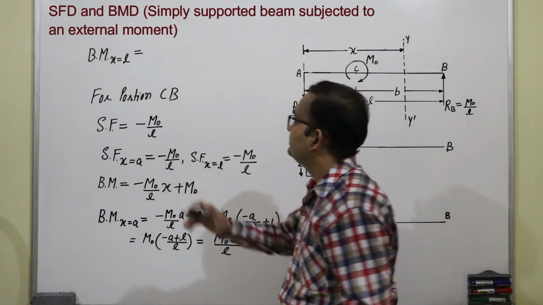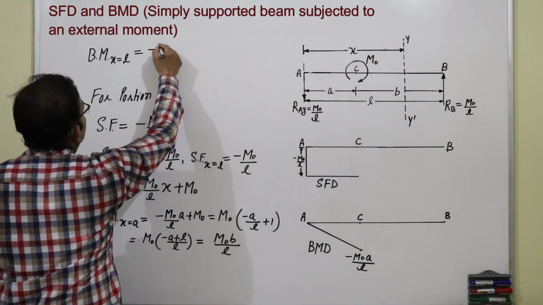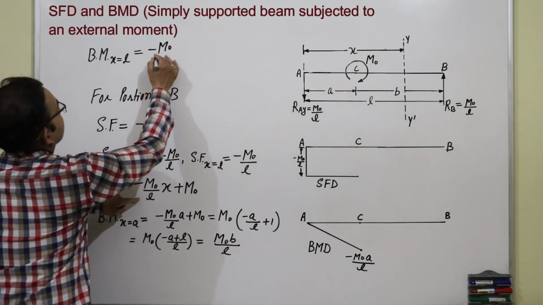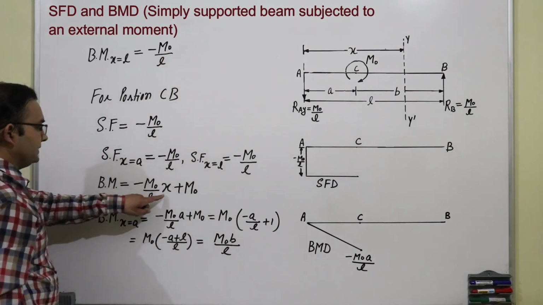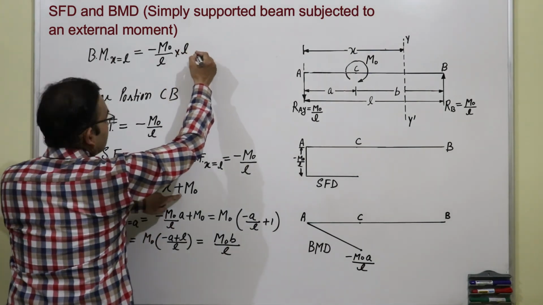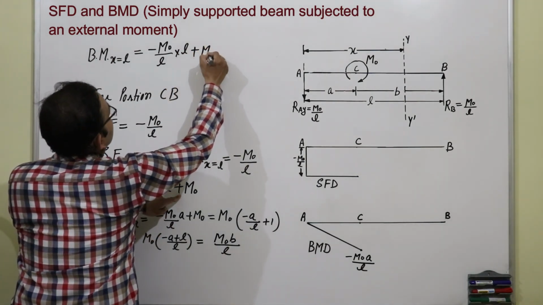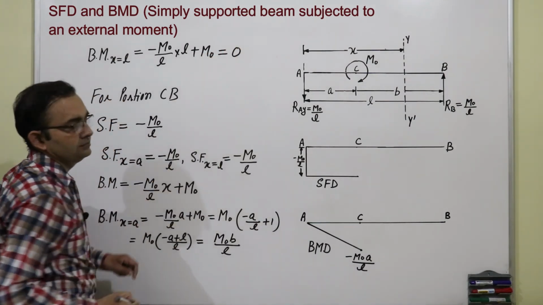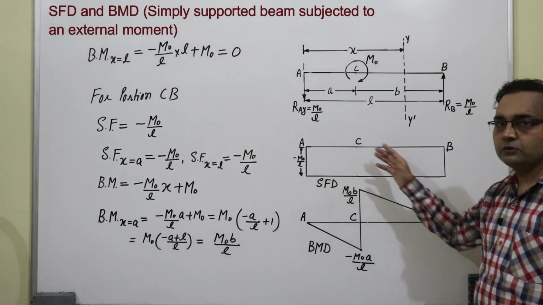Put L here, minus m0 upon L. We will keep here x equal to L into L plus m0 equal to 0.